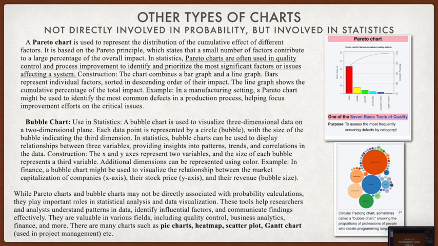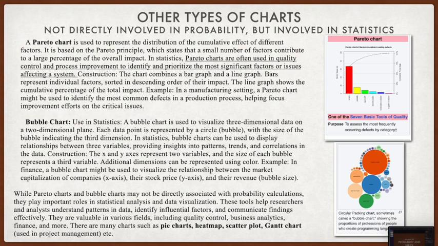In short, a small number of factors contribute to a large percentage of the overall impact, the cumulative effect of different factors. In statistics, Pareto charts are often used in quality control and process improvement to identify and prioritize the most significant factors or issues affecting a system.